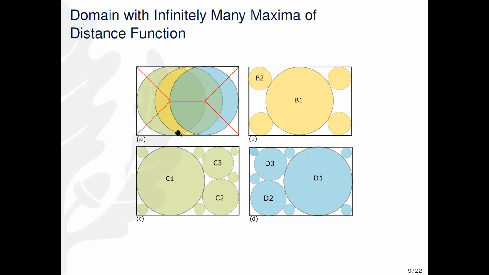We observe that if we place the first circle at the branch point of the medial axis, we will always get a decomposition that is larger than other decompositions. Like in this example, we can see that C2 and D2 are larger than B2. So we reduce the infinite case to the finitely many maxima case from the last slides.